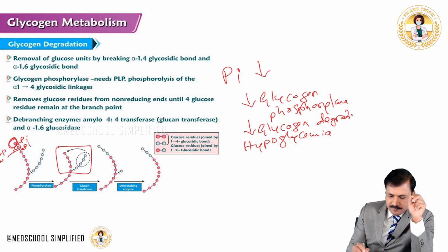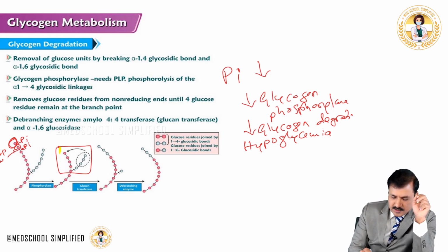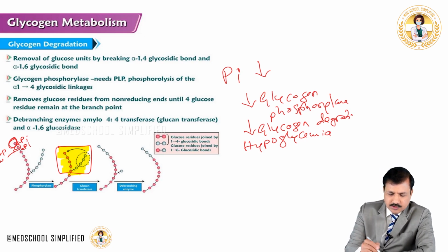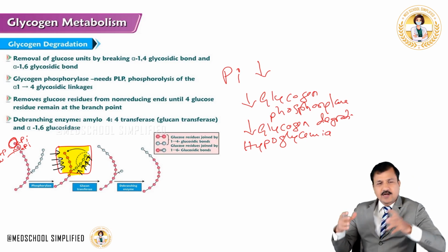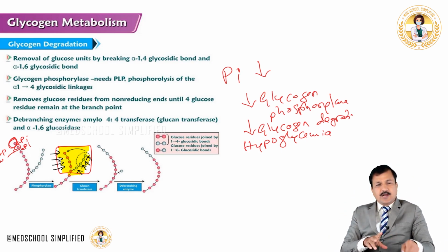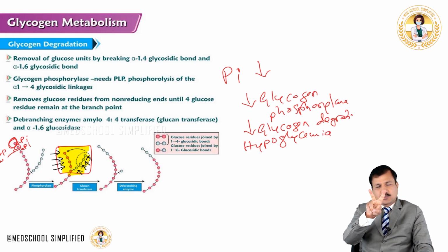This is what it is. Look at this now. I'm going to shade it. Count the number of glucose residues at this branch point. On either side you have 1, 2, 3 and 4 glucose. This side 1, 2, 3 and 4 glucose. So there are 4 glucose residues at the branch point, acting like a fork, right?